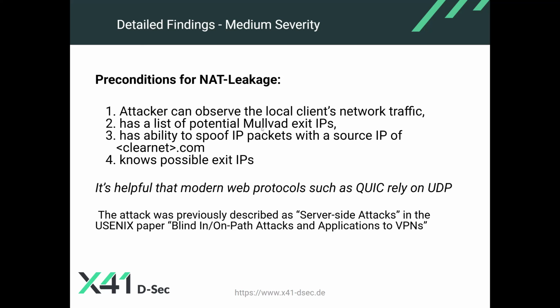And they have a list of potential Mullvad exit IPs, and they have the ability to spoof IP packets with a source IP of something on the ClearNet, some interesting site. Let's say you are in a country that doesn't like you to visit a certain website, and the authorities there want to know if you did that. They could try to run this attack, because they usually also control all the ISPs and everything.